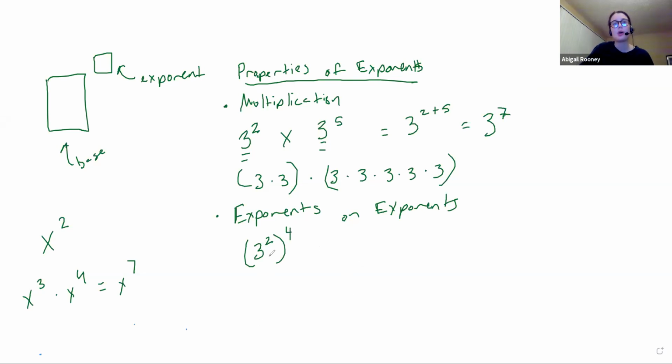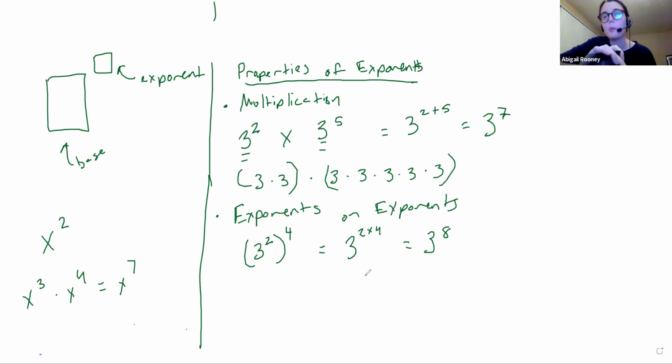Instead of adding the exponents, we multiply them. So this is 3 to the 2 times 4 power, which is 3 to the 8th. These are some properties of exponents that eventually you'll do with variables instead of numbers to make problems easier to solve. So I'll write down an example of each of these and you tell me how you would simplify it, okay? Okay.